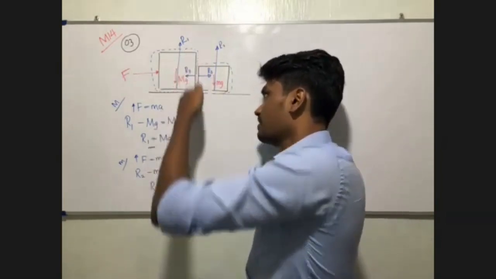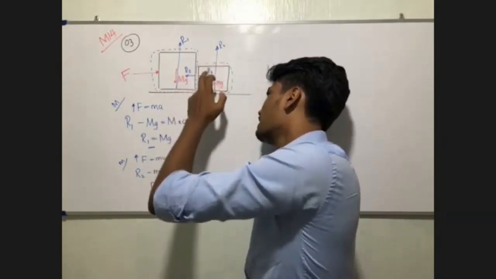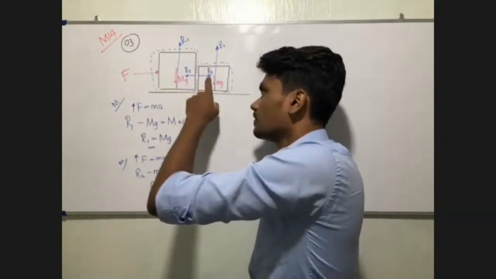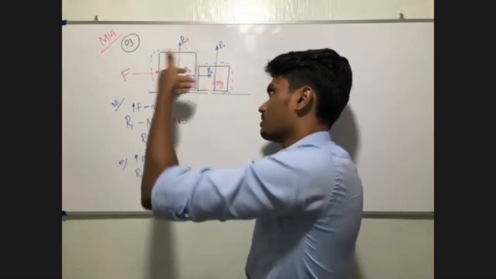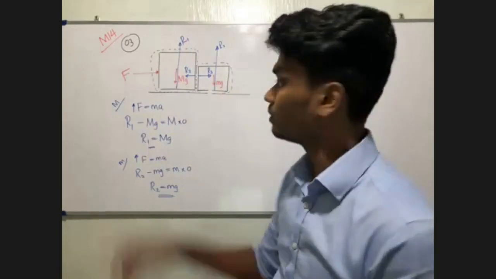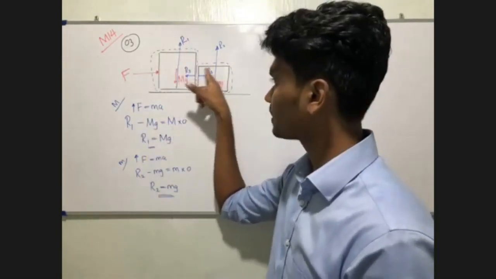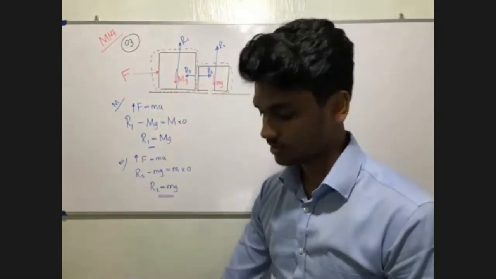At a contact surface, if you consider this object, its reaction is perpendicular to the surface. And since this is the same contact surface, both are going to be action-reaction, the same magnitude, opposite directions.